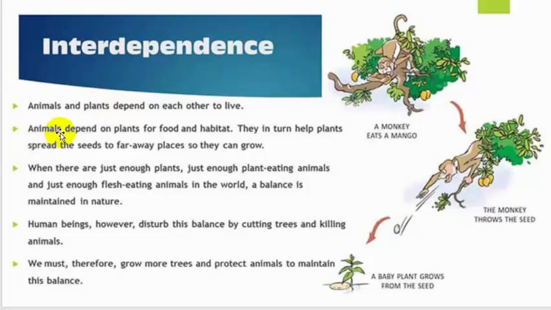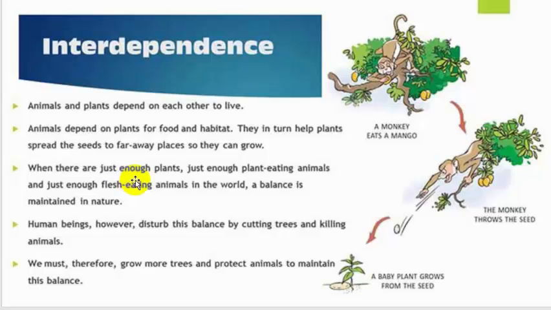Interdependence. Animals and plants depend on each other to live. Animals depend on plants for food and habitat. They in turn help plants spread the seeds to faraway places so they can grow.